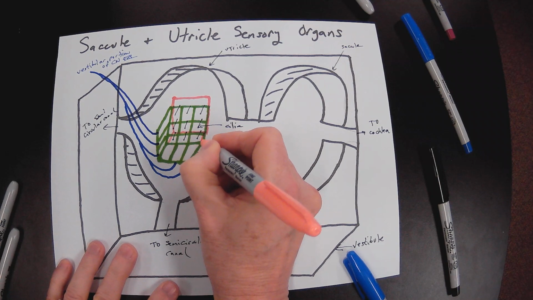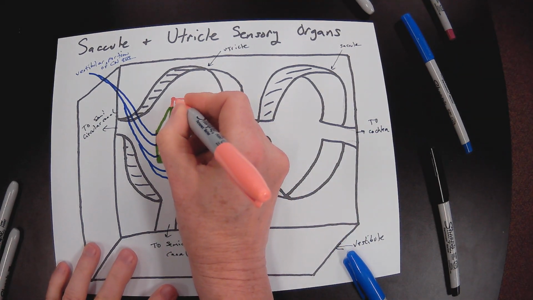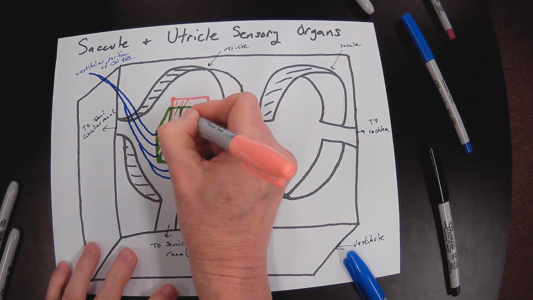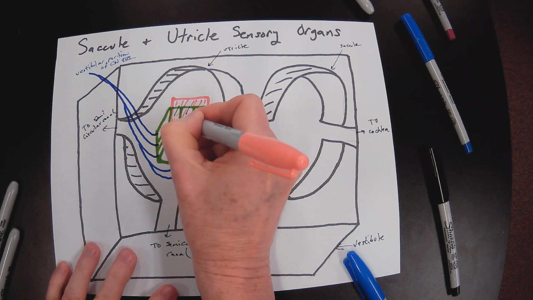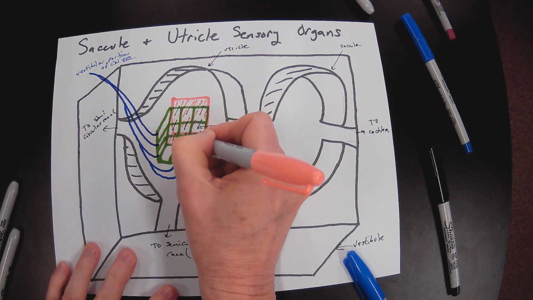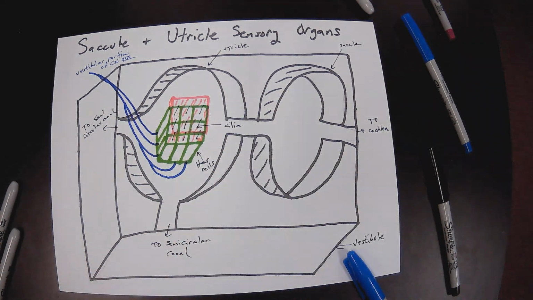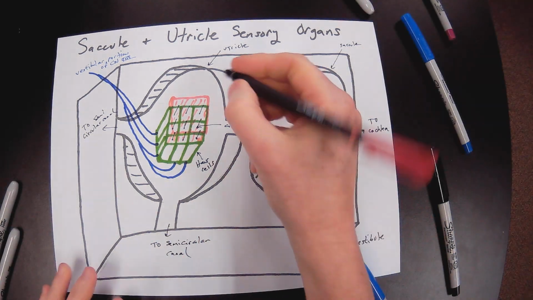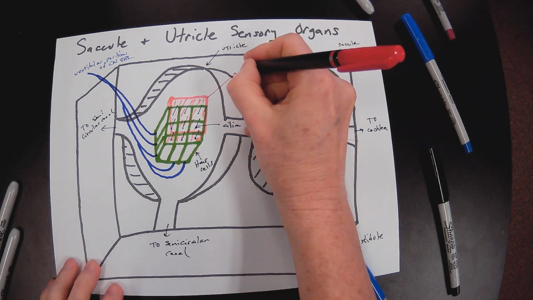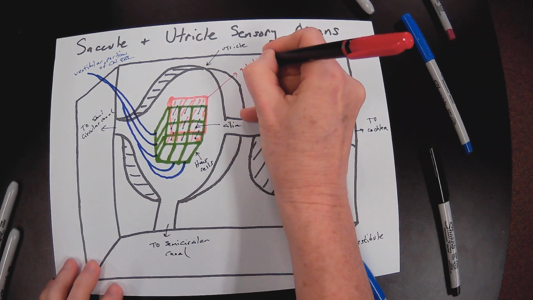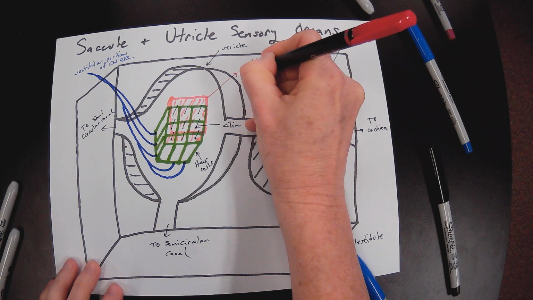There's actually a gelatinous matrix over top of these cells. It's nothing more than Jell-O. Label that in red. This is just gelatinous matrix.